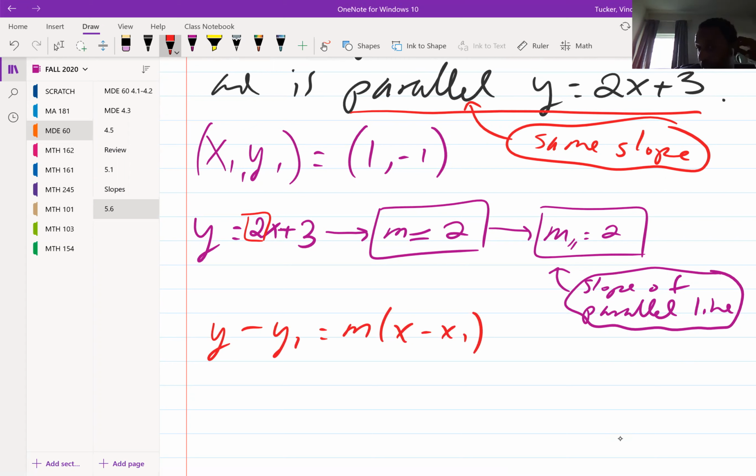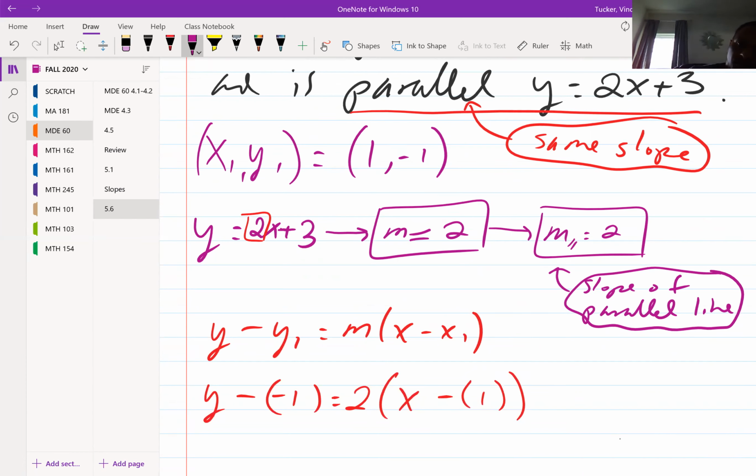And so now that we have a slope and we have our point, we can go ahead and plug in accordingly. Y1 is -1, 2 is m, x1 is +1. Distribute 2.